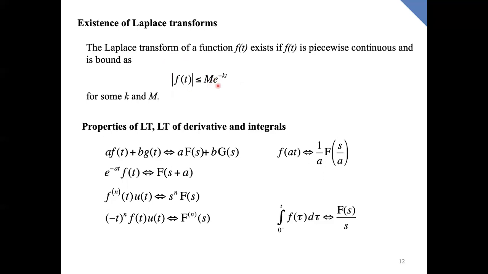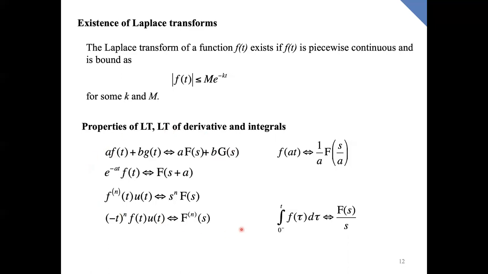This is only for your information, in order to know why and when the Laplace transform exists. The main concept to keep in mind is the transformation from the time domain to the Laplace domain.